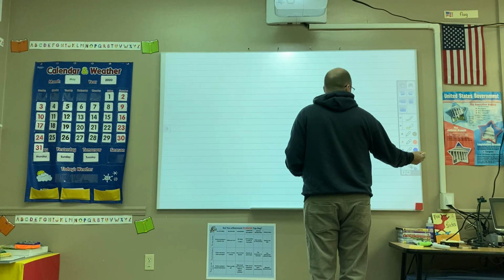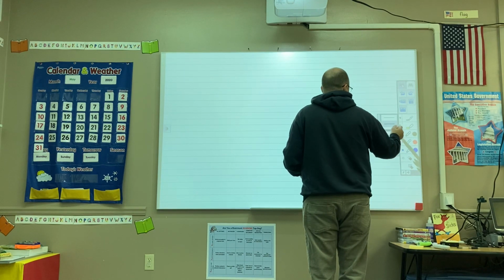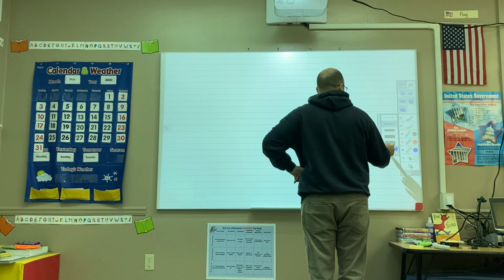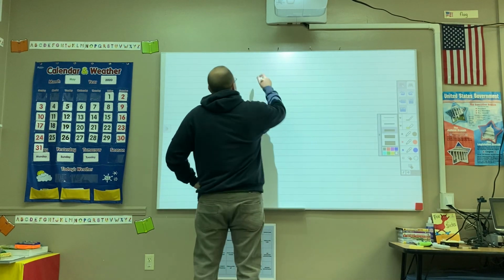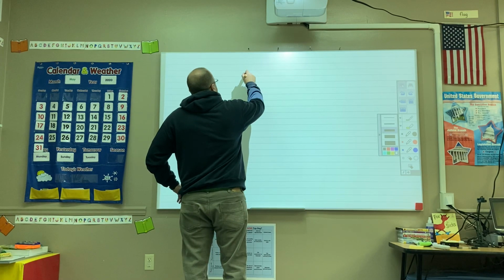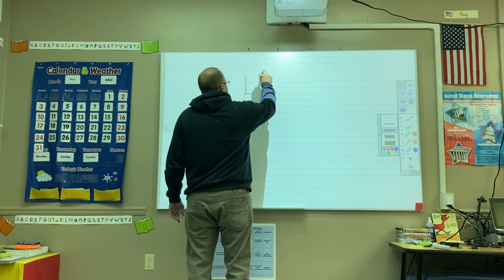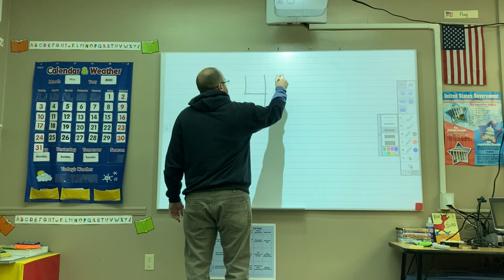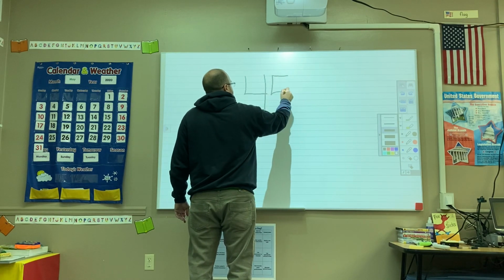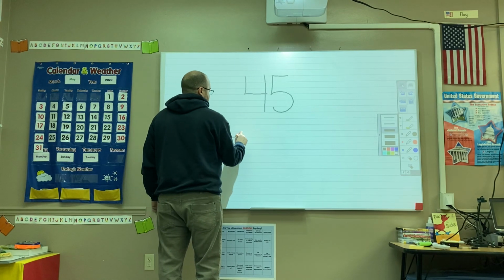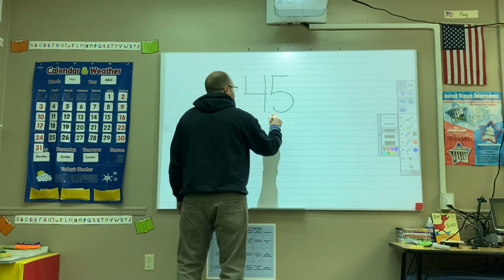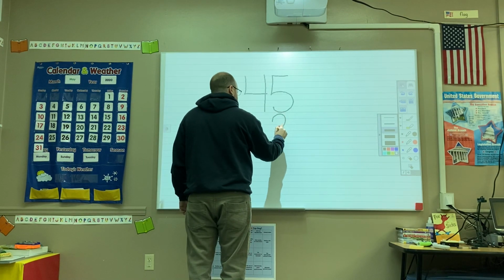Actually, let's try one double-digit subtraction. I want to do a really big one. Let's do 45 minus 2.